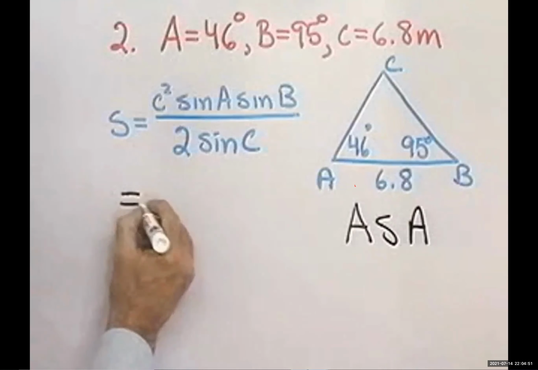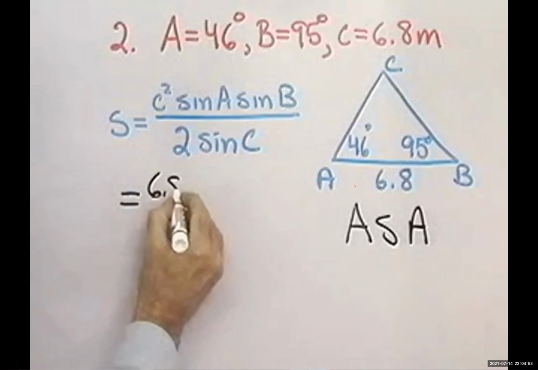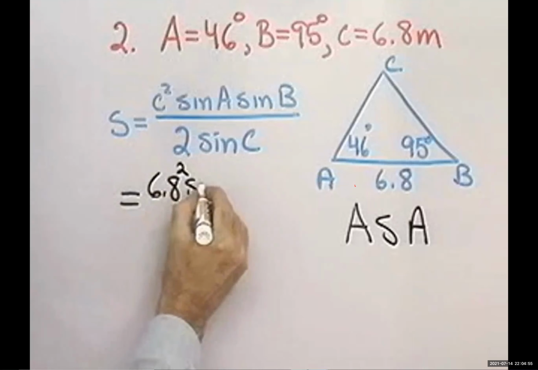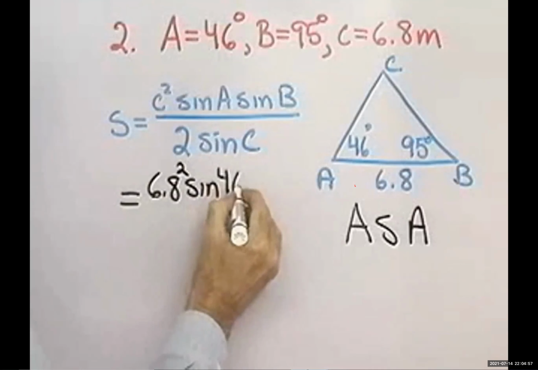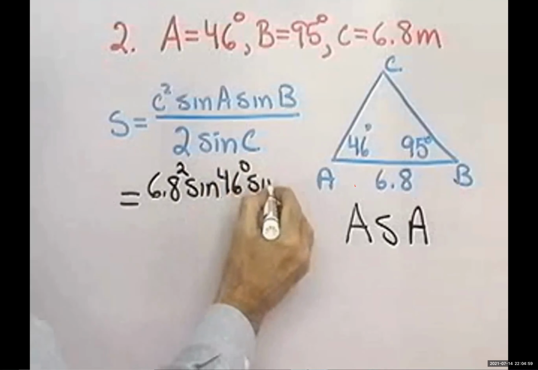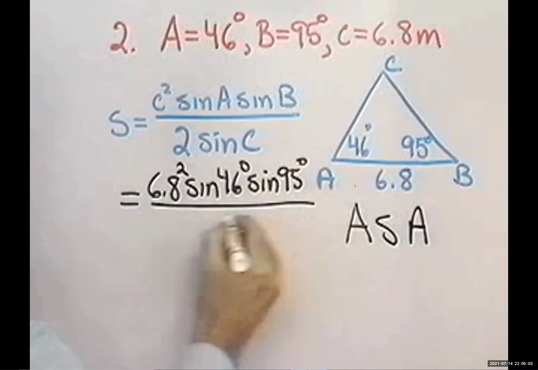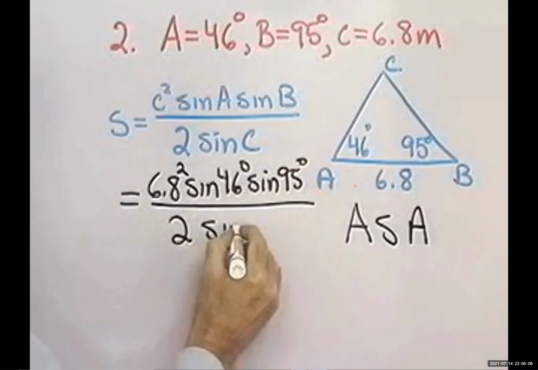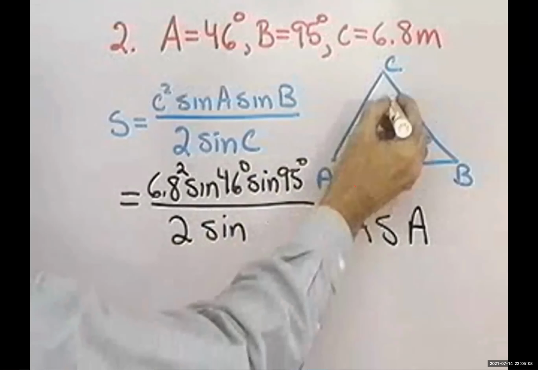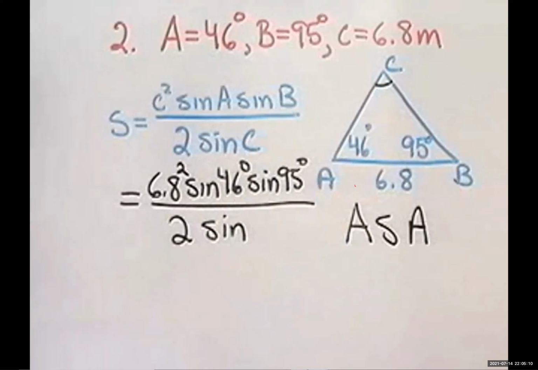So it's going to be c squared, so 6.8 quantity squared, sine of 46 degrees, sine of 95 degrees, divided by 2 times the sine of, okay, this will be angle C. Up here, I'll have to find that. That'll be 180 degrees minus 46 degrees plus 95 degrees. That comes out to be 39 degrees.